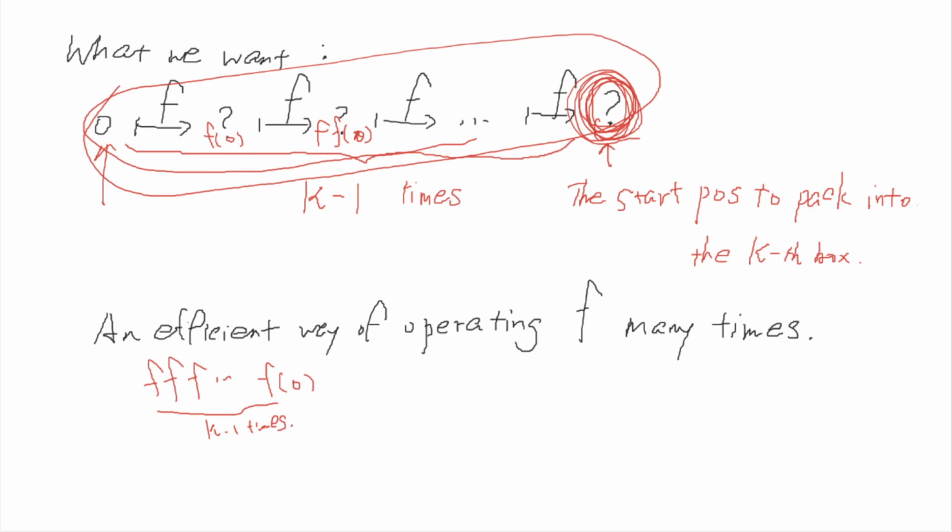We need an efficient way of operating f many times because, as I said, k is at most 10 to the 12th. So we can't do the process one by one. We need a more efficient way.